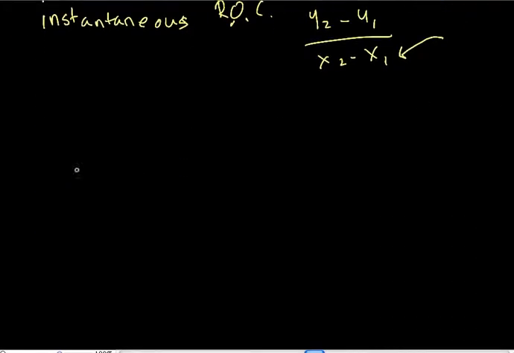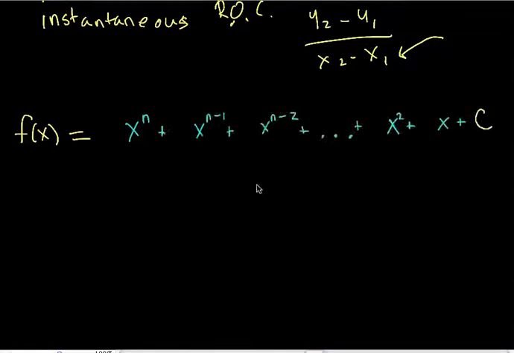Okay, so we can start this out by defining a function. What is a function? Well, a function is some basic power of x all the way down its subsequent powers to nothingness. So if you have y equals x squared plus some value of x plus some constant, that could be a function.